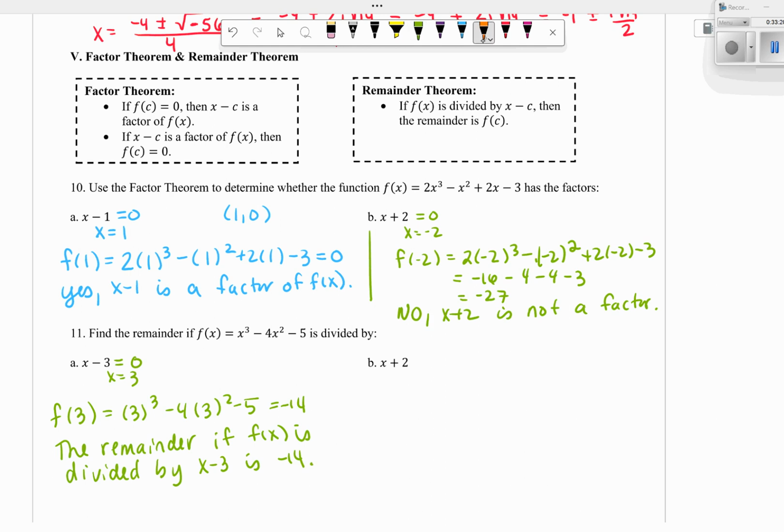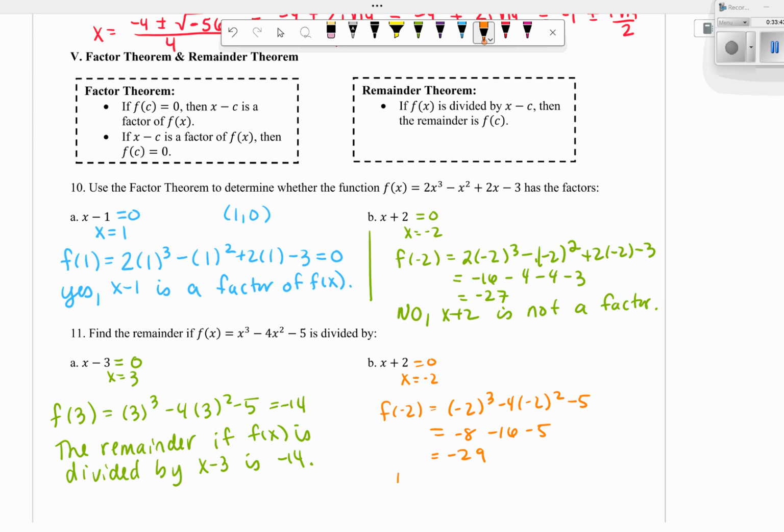So if we do this one over here, find the 0 first. If I do f of -2 into the equation, this gives me -8 minus 16 minus 5, which gives me -29.